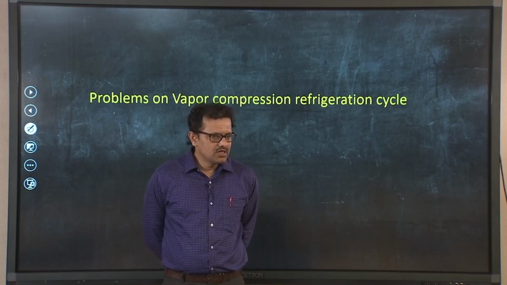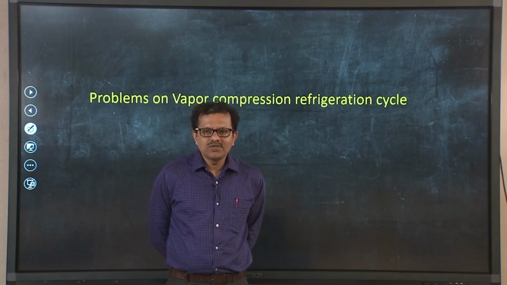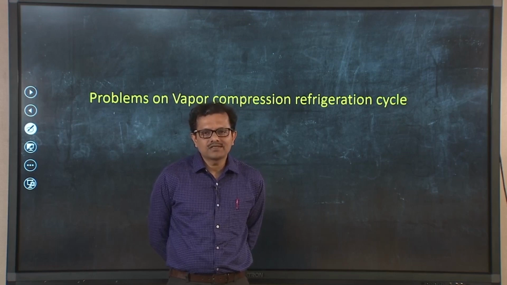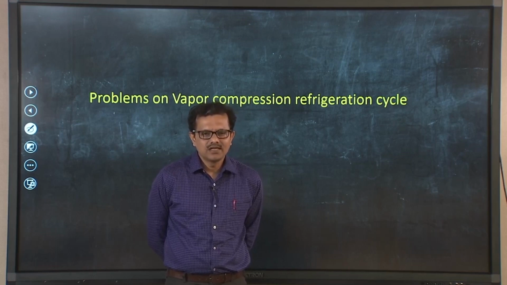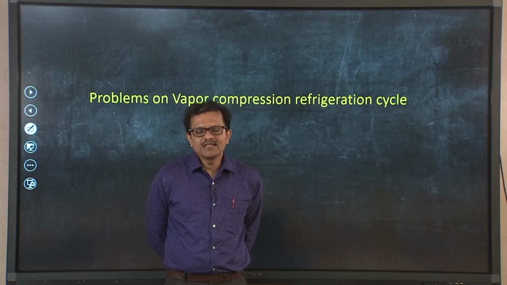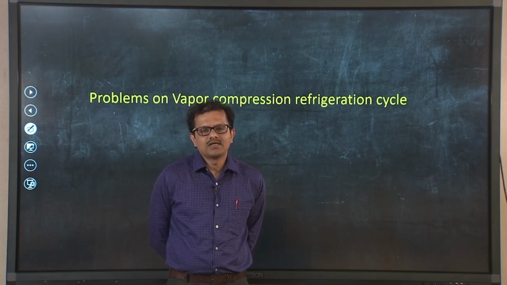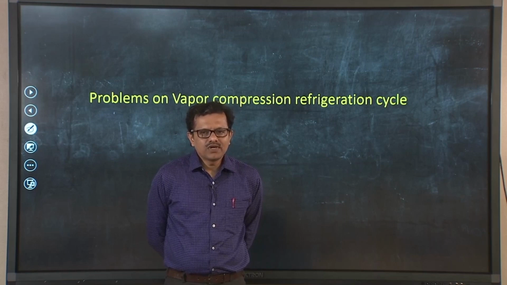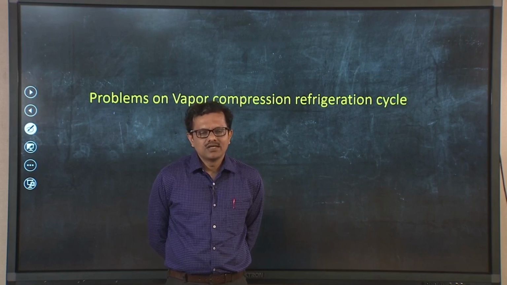So, in the last class just we have mentioned about the refrigerating effect or refrigeration effect, and typically that refrigerating effect is represented by the tons of refrigeration. So, what is the physical significance of this particular unit?